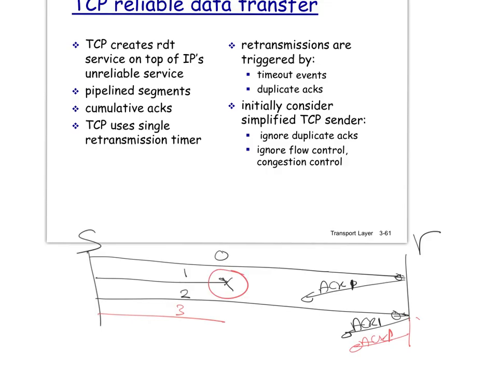So all of these we call duplicate ACKs. These duplicate ACKs are very important because the sender takes them as a clear indication of something, obviously that there is a segment that was lost, right?